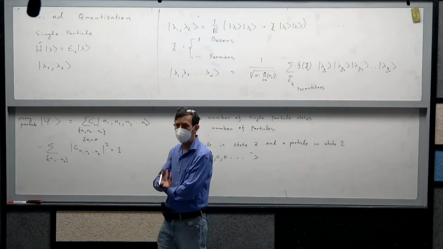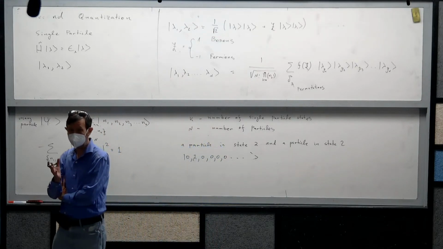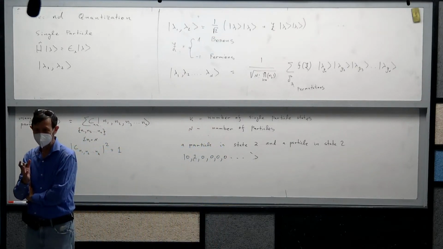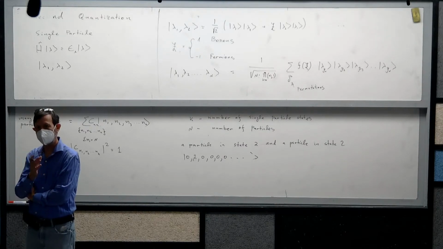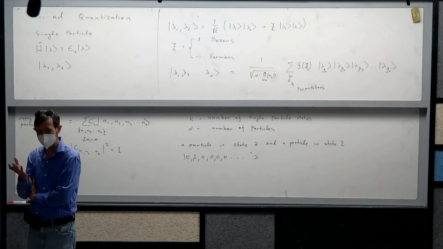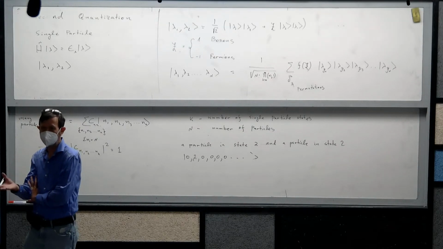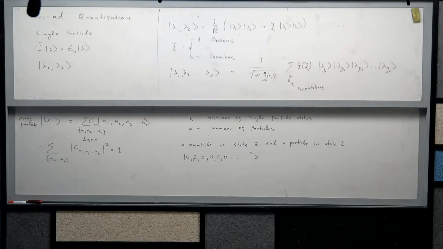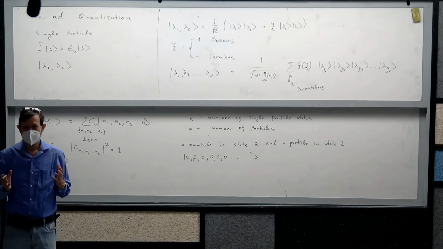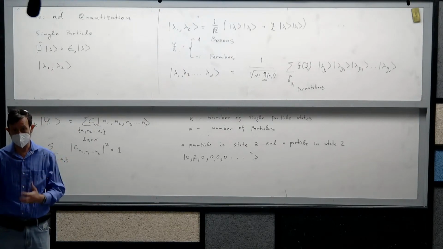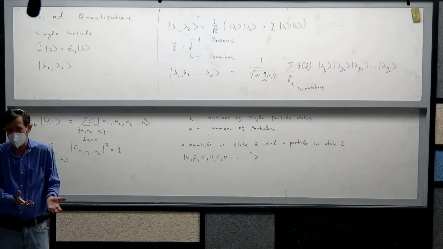It doesn't have to be an energy level, though it could be. I could decide to describe it by any operator, basically. I could take momentum and tell you how many particles are at this momentum and how many at that momentum. We'll learn, probably not in this lecture, how to transform from one single particle basis to another.